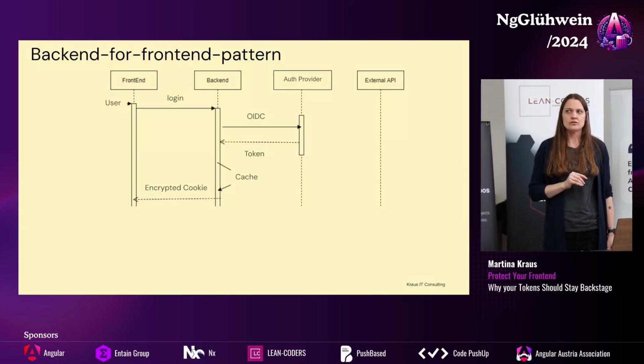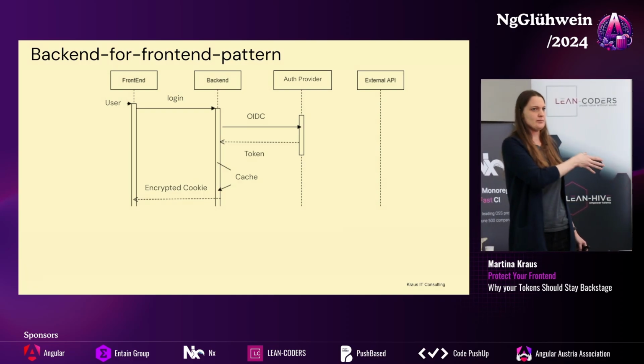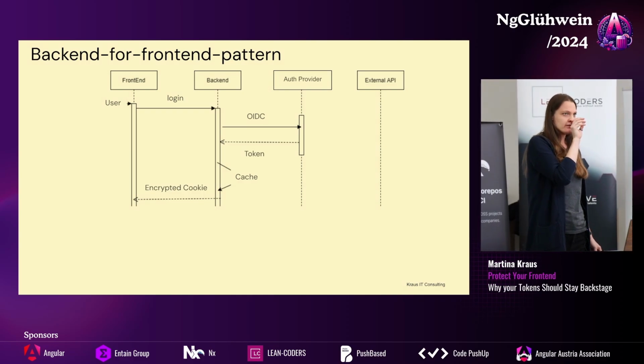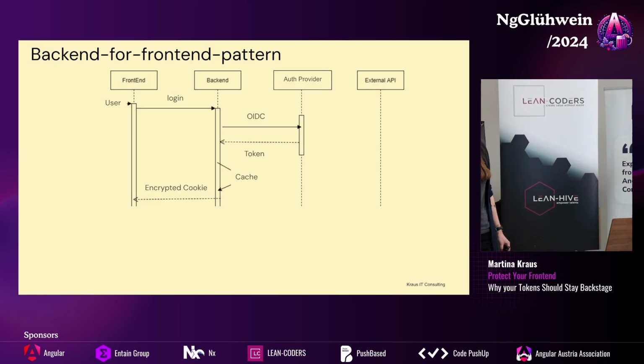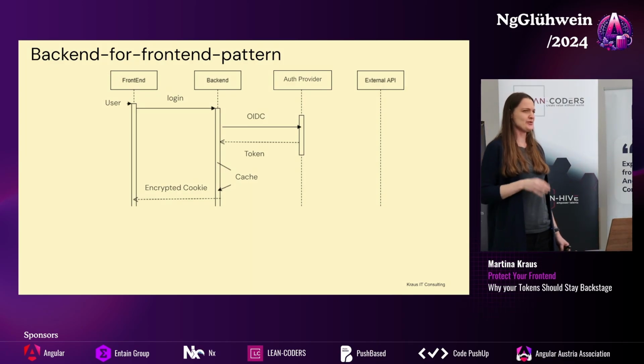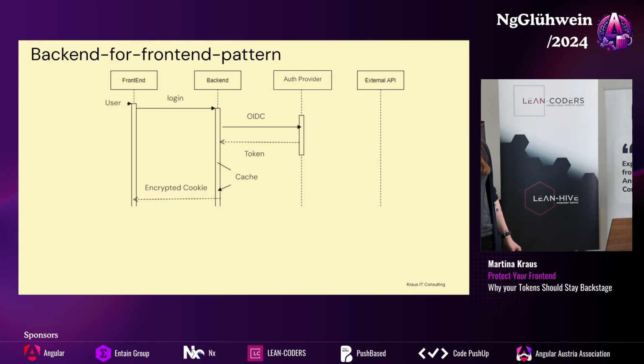Some persons also store the token inside the cookie and place this in the front end. This has also some risks. For instance, of course, we have some cookie attributes like same-site strict and HTTP only so that we cannot retrieve the token out of the cookie with JavaScript.